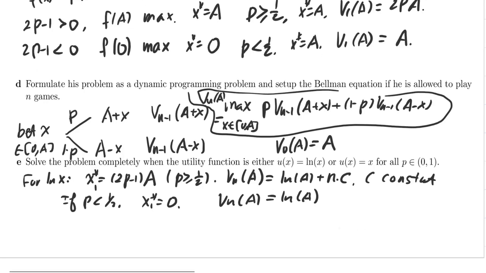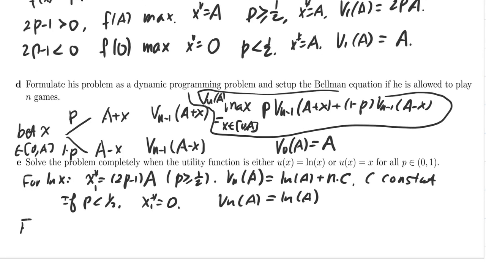So we have log a as the final optimal value. Now, if we have the utility function x, then we only have two so-called corner solutions. This is going to be either a, if p is bigger than or equal to 1/2, or x1 star is going to be 0 if p is less than 1/2.